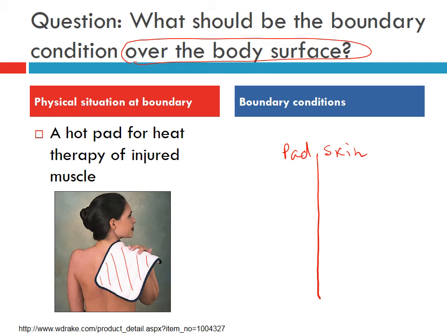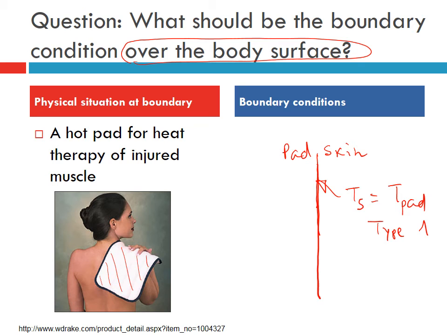Here we get into a long discussion because there are a few possibilities. One, the simplest one, is that the pad, for a short time, just keeps it at Ts equal to T pad. So this is my type 1 condition.